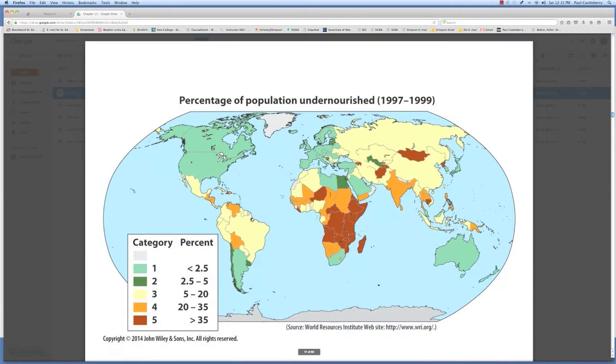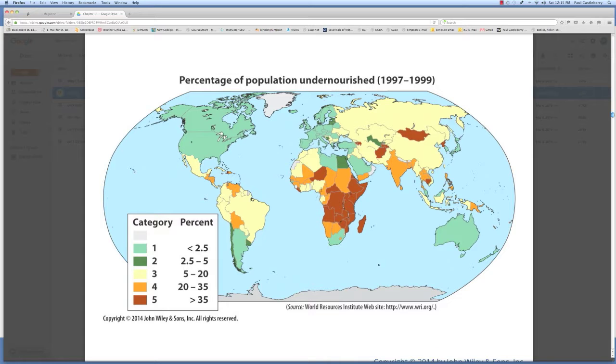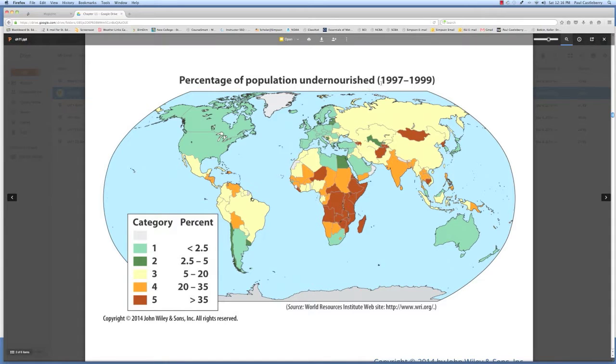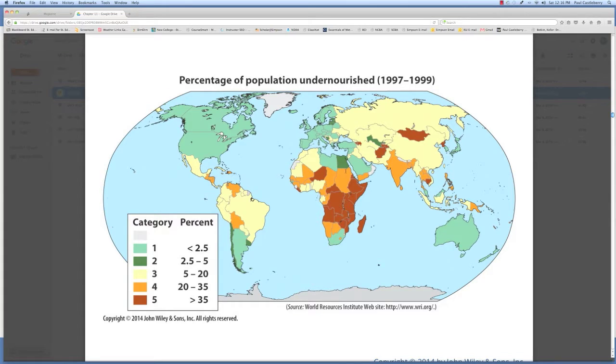Then we look at percentage of population undernourished. Now, we're not talking about malnourished. We're talking about undernourished. Again, Africa stands out, greater than 35%, greater than a third of their population is considered undernourished. And this is old data. Notice here, 1997 to 99, in a 3-year period. And so I would guess it's probably much worse than that now.